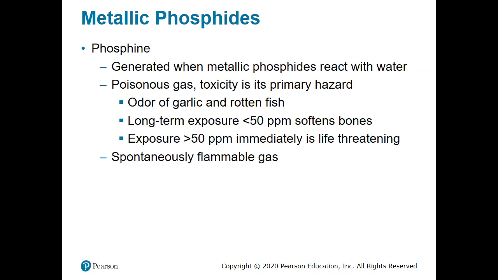And that is the classification that phosphine enters at 50 parts per million and above, where if you have a concentration that high, you can see immediate effects within 15 minutes or less that can greatly impair you and cause your life to be in danger.